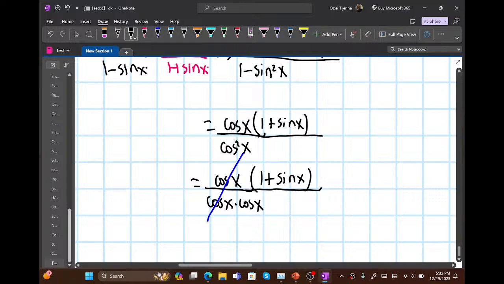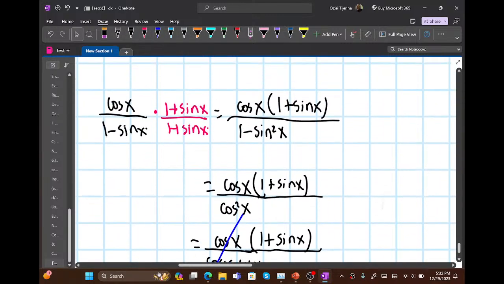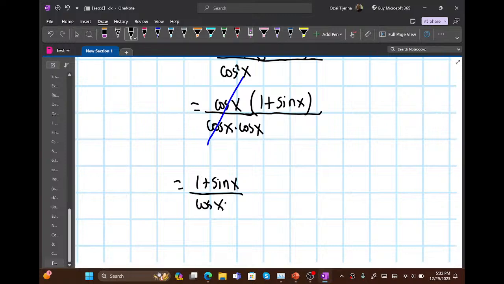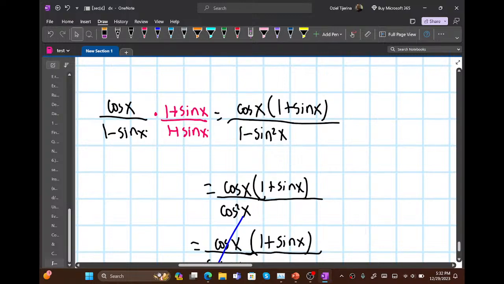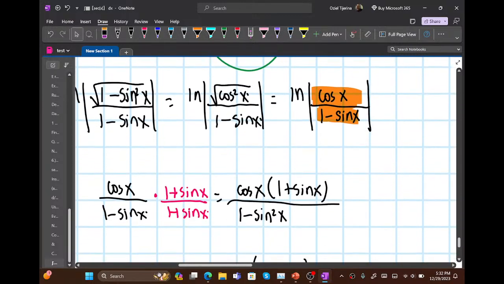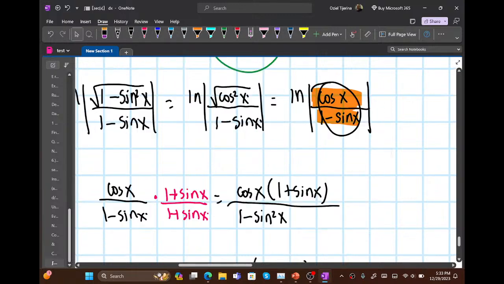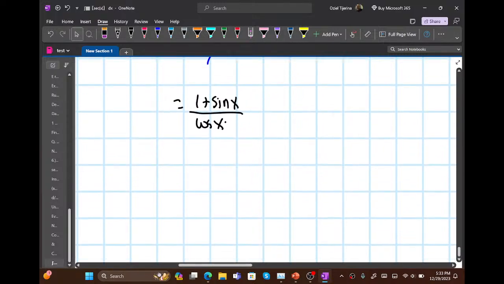We are gonna end up with 1 plus sine x over cosine x. And so again, we simplified the inside of the, this is what we were simplifying here. So that is what we're going to put in for that. So now where this becomes the natural log.